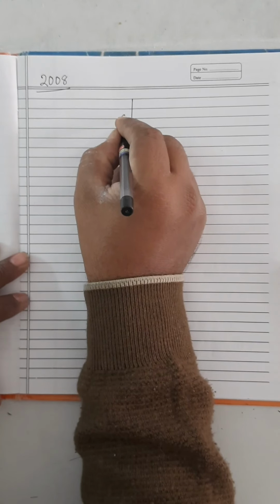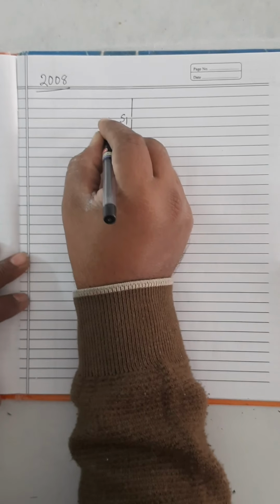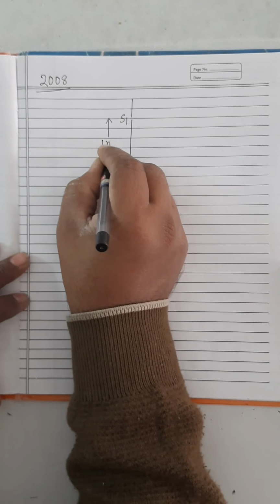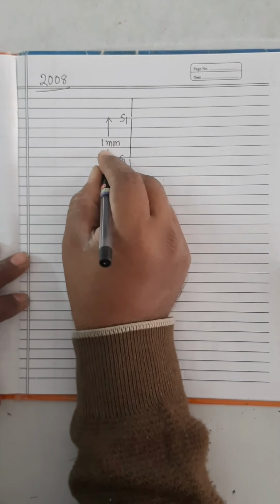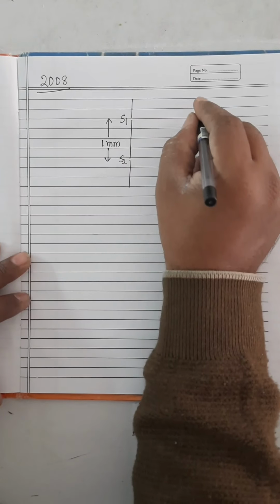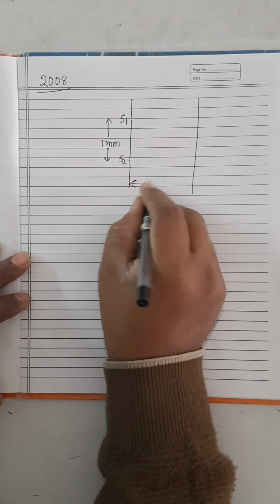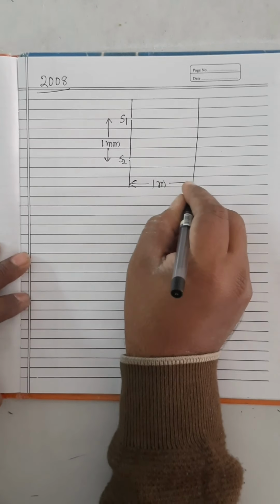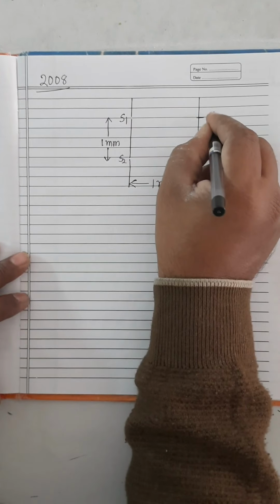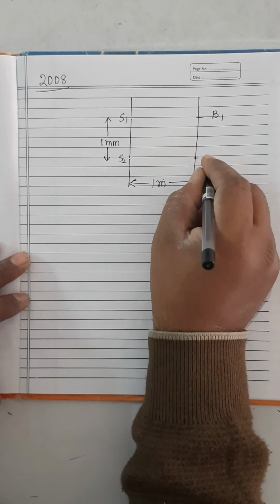This is slit S1, this is slit S2. Their distance is given 1 mm. And here this is the screen. This distance is given 1 meter. Here there is B1 and this is B2.